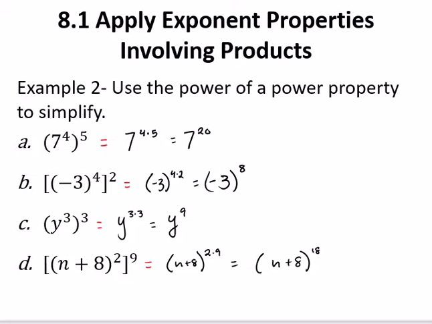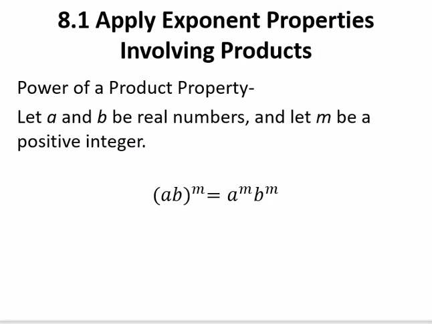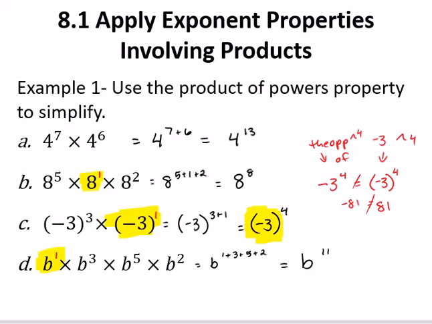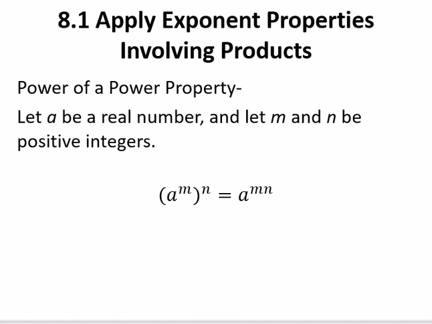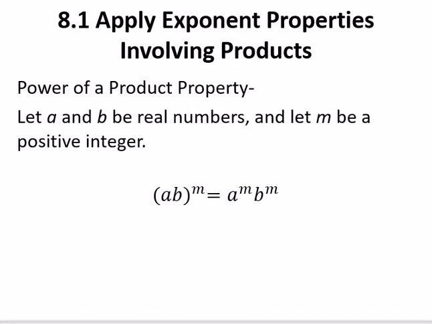Alright, moving forward, applying exponent properties involving products continued, the power of a product. So if I go back to my very first property here, it said product of a power, power of a power, and now this is power of a product.